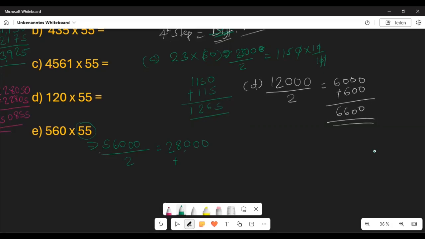So that's going to be 2,800. So in this case, it's addition. So we have 0, 0, 2, 0, 3. So 30,200 is our answer.